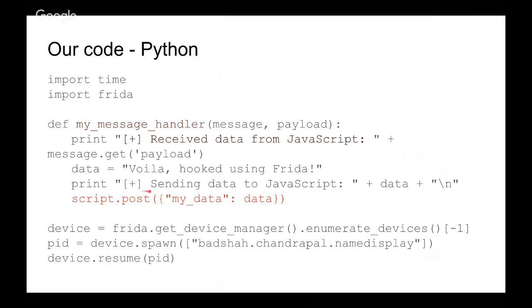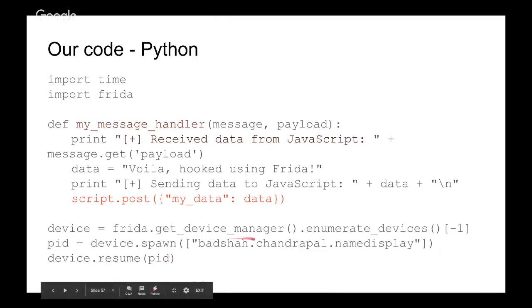Then we print this on the console. Then we use script.post to send the message to the JavaScript. In this case, let's name our message my_data, and we pass the key-value pair as data, which is "hooked using Frida". Now, the device, we just get it using the technique I mentioned before. It starts this app and resumes.